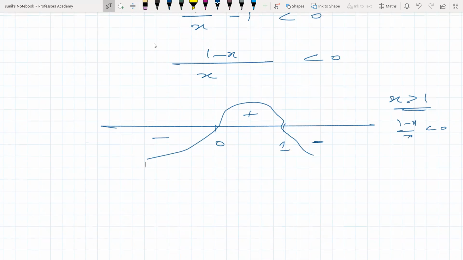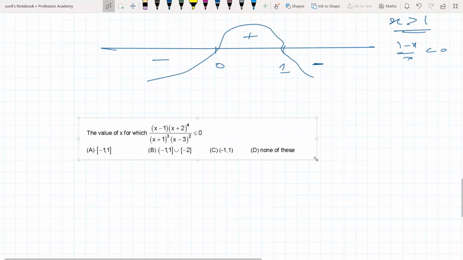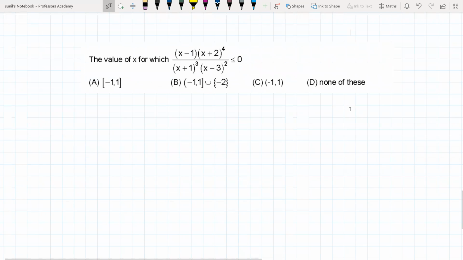For convenience, let me explain some simple problems. Let me write one problem for you. This is the question, and this is the expression.